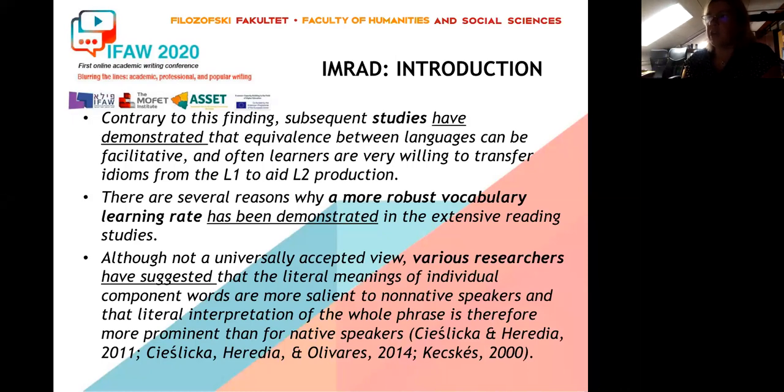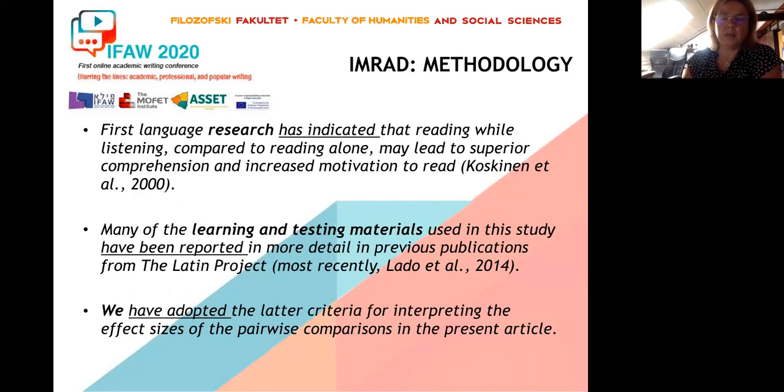The second one is also an example of this in the passive voice. This is the introduction. So these are the most frequent and typical structures in the introduction. The methodology section does not show such a high frequency. Actually, this is the least prominent section with these examples.